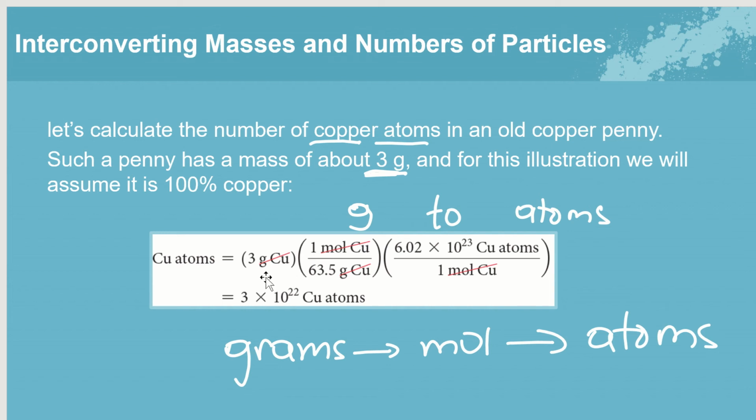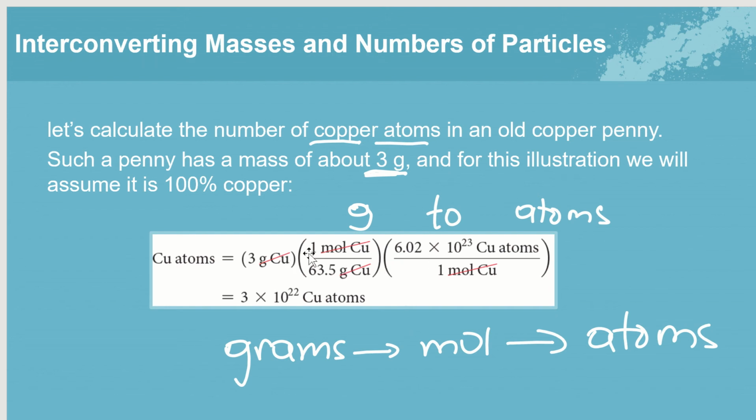We're converting grams to moles. And then for the second conversion factor, we're converting moles to atoms, right? So essentially, we're going from grams to moles to atoms. And that is why we have two different conversion factors.